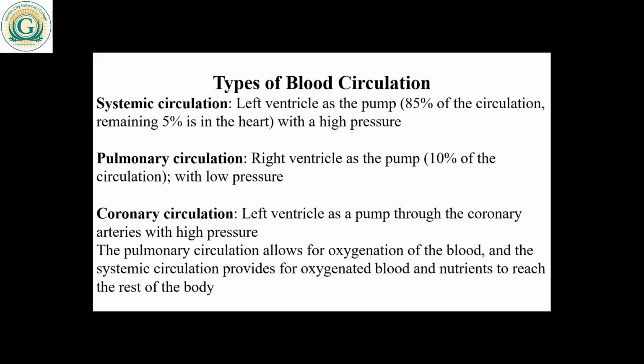So blood leaving the left ventricle is pumped through the aorta to every system. They're saying 85% of this circulation is moving to every part of the body. We have 5% remaining in the heart, and this systemic circulation is under high pressure.